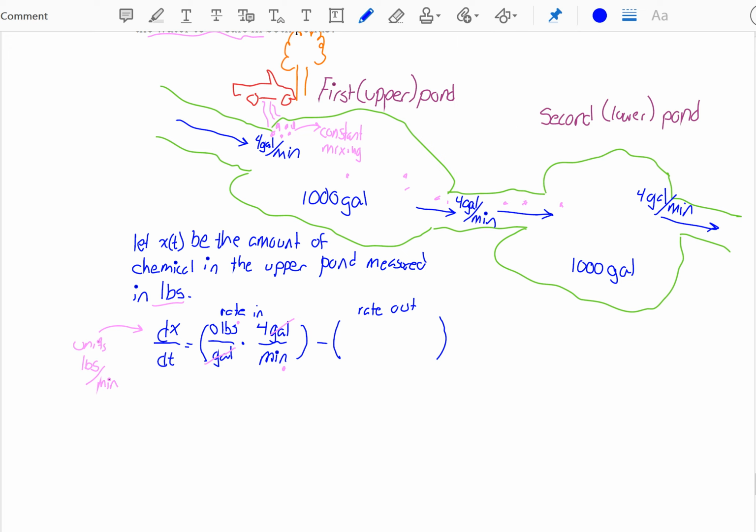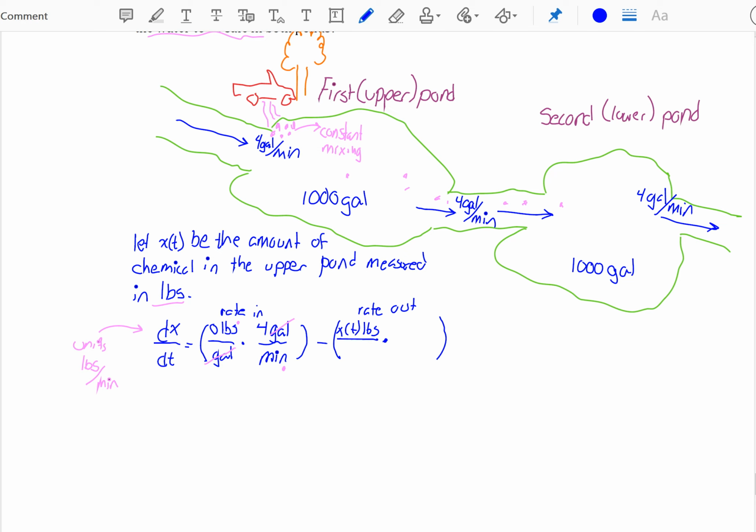The right-hand side, the rate out. So the rate out should be the product of the concentration. So the concentration of the material coming out, we don't know that exactly because it's changing. But we can write it as x of t measured in pounds.